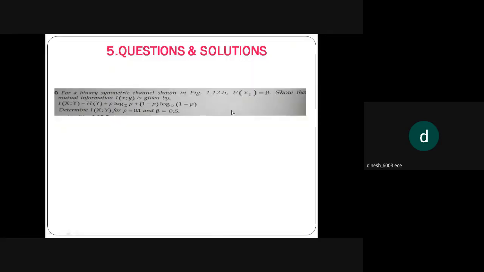So this is what we call 0.5 bits per symbol. So any one symbol occurrence has the probability of 0.5 only. For this problem, it is specifically for this binary symmetric channel.